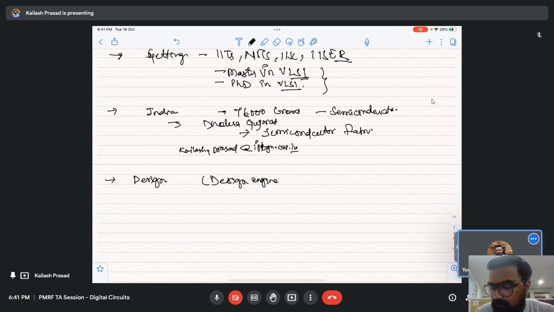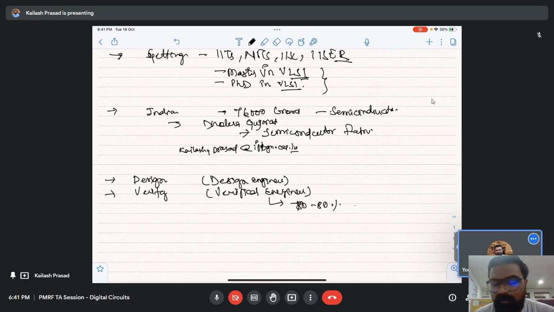Then you verify things, that is the job of a verification engineer. And verification is one of the very demanded fields in VLSI, because 70 to 80% of the time while designing a chip goes into verification, okay, 70 to 80% of the time.